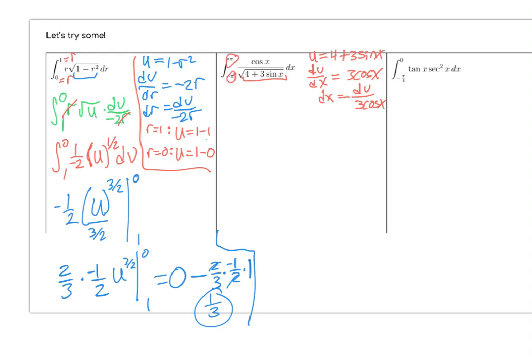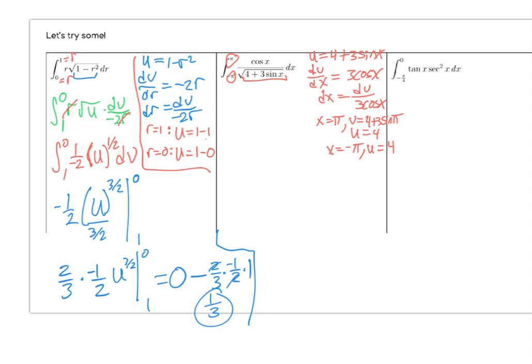The last part of the setup stuff I have to do is to check these two values. So if x equals pi, u equals 4 plus 3 sine of pi. Sine of pi is 0, so u equals 4. If x equals negative pi, by the way, sine of negative pi is going to be the same thing, u is going to be 4 plus 3 times sine of negative pi, which is 0.